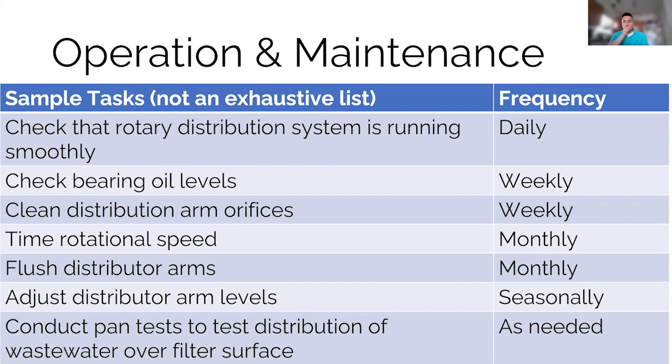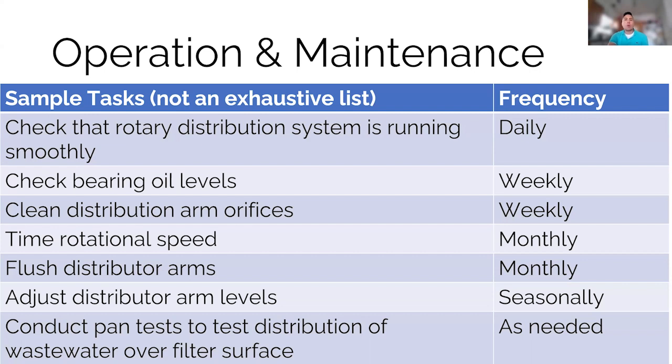Along with this, you want to also verify that your trickling filter has the correct thickness of your film, which is usually 0.1 to 0.2 millimeters. And that there's no unusual discoloration, no unusual ponding, no unusual odors.